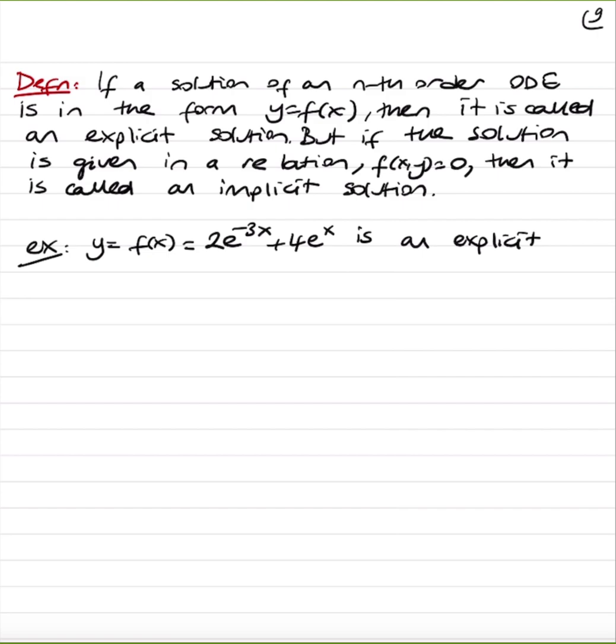We know what y is exactly. This is an explicit solution of this differential equation: y double prime plus 2y prime minus 3y is equal to 0.